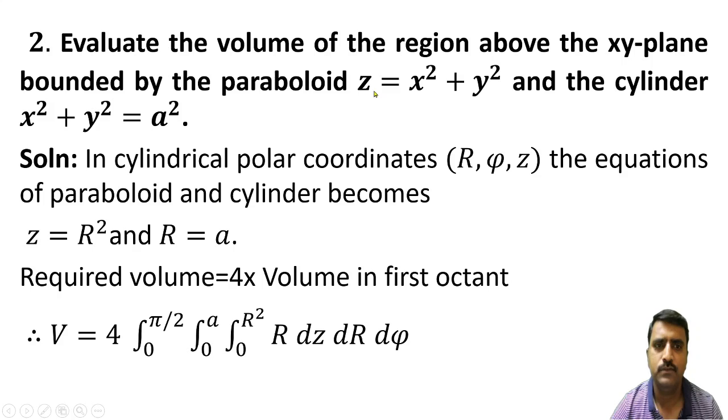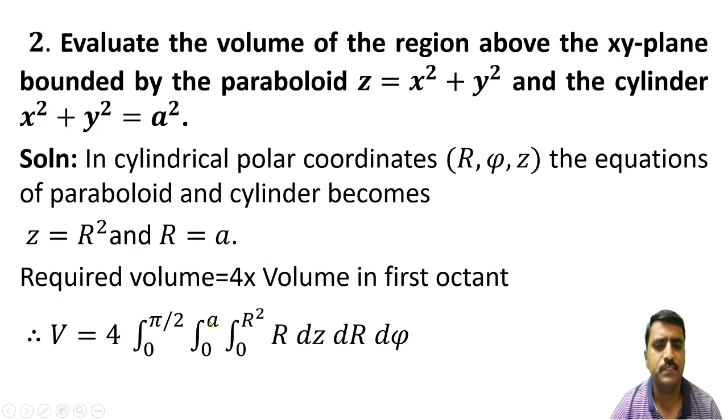So what is the volume in the first octant? Here z varies from 0 to r square, and correspondingly you take the remaining values. In the first octant, the angle phi varies from 0 to pi by 2, that is 0 to 90 degrees, and the radius vector r varies from 0 to a, because the radius of the cylinder is a here.